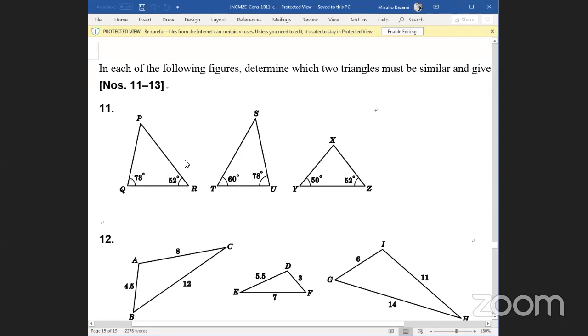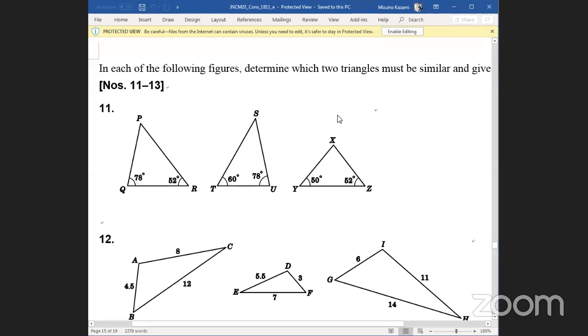Therefore, we can be quite sure that we don't use three sides proportional, or two sides and included angle, because definitely we don't have any information about the length.